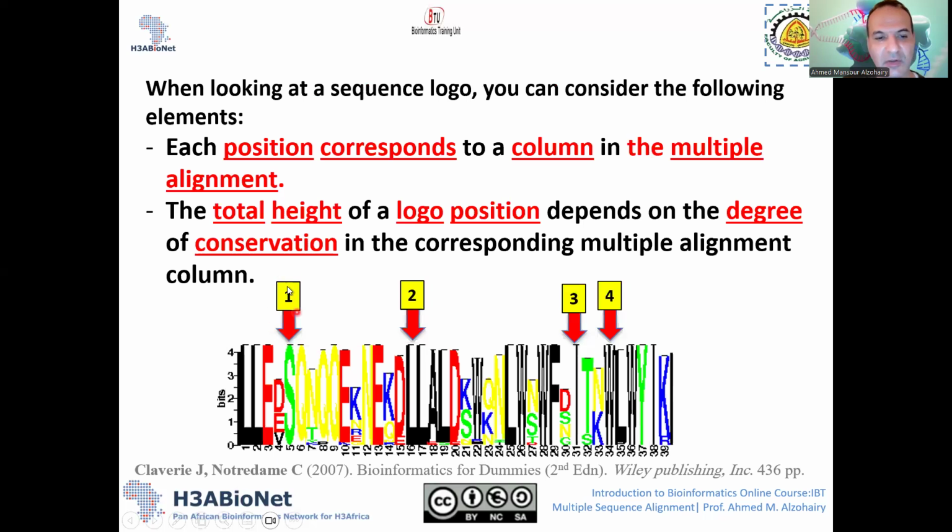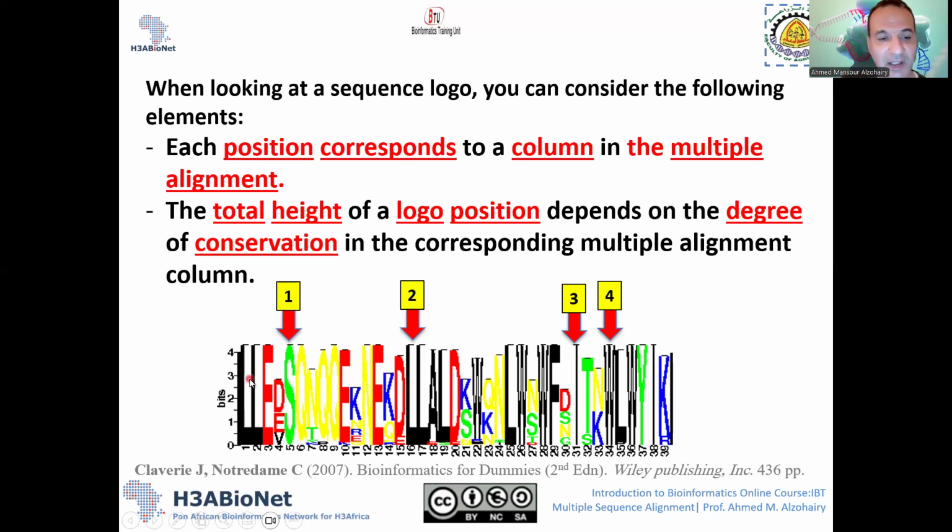So here, for example, column number five, which is position number five in the same multiple sequence alignment, you can see there is the letter S. Letter S here means that the amino acid is conserved among different species at this position, position number five. I show it here using arrow number one, to show you that that position is conserved by S as the amino acid.